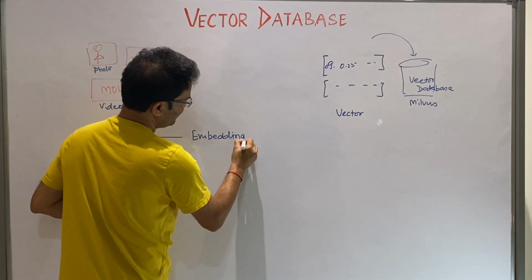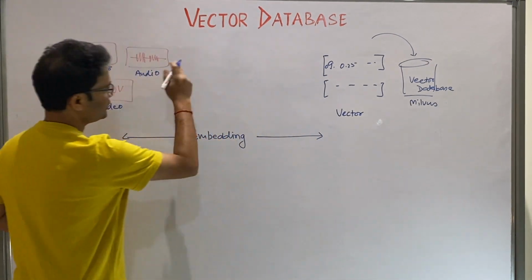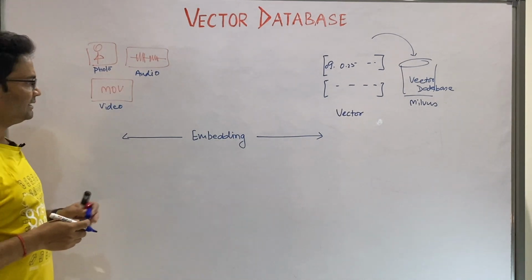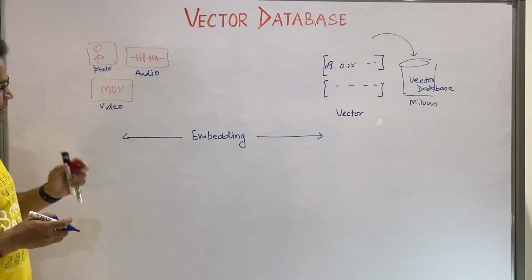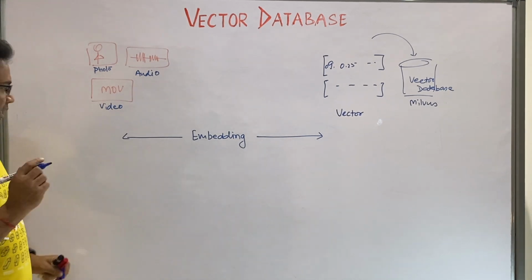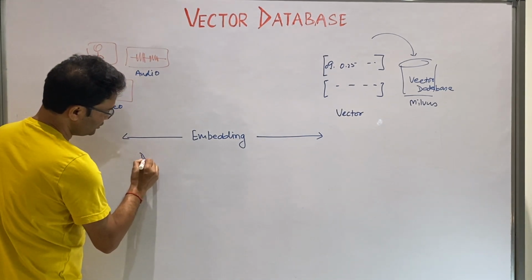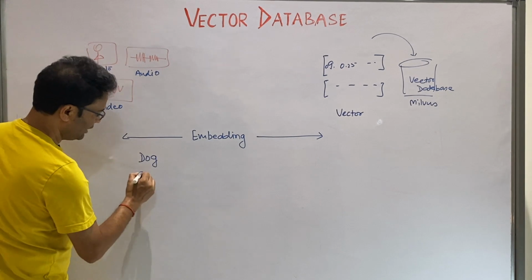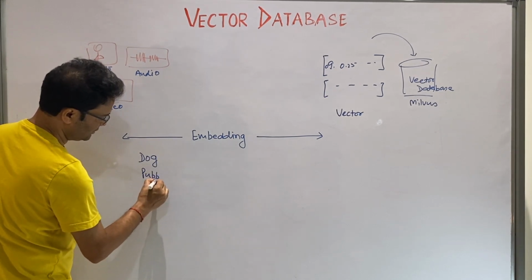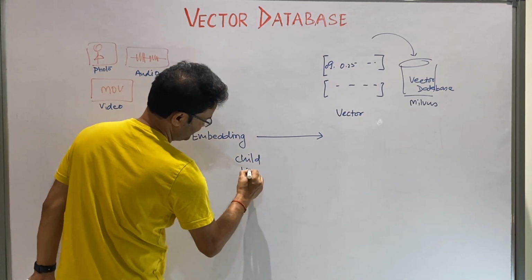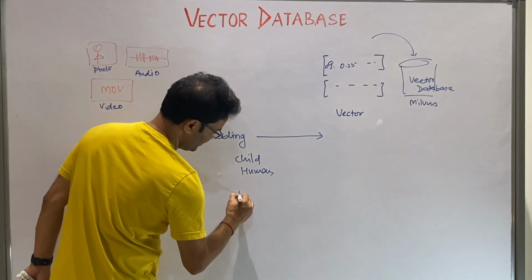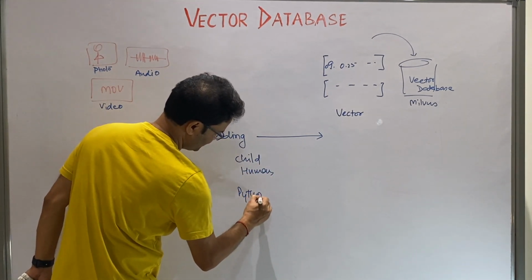If you convert a photo into a vector embedding, that is called photo embedding, image embedding, or video embedding. But it is not very easy. Why? Suppose you want to embed dog and puppy, and child and human.